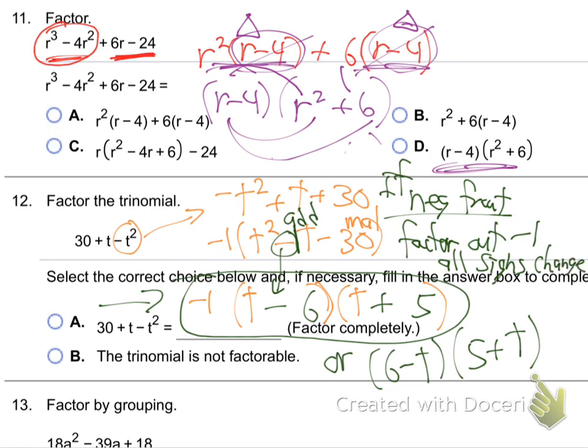Are you with me? Then just finish it from there. There's something like that for sure on the final, where they're out of order: you put them in order, negative in the front, factor out negative 1, all signs change, and then finish from there. Good to put that whole example on your sheet of notes.